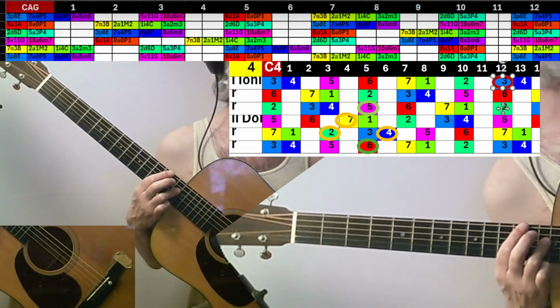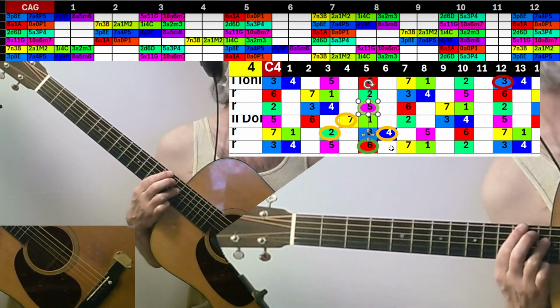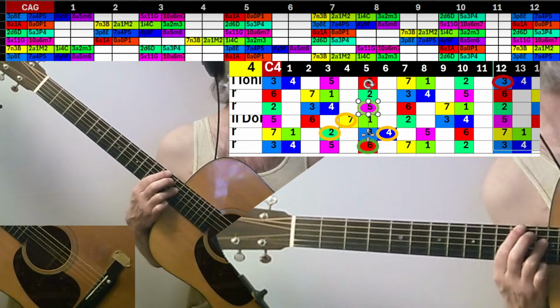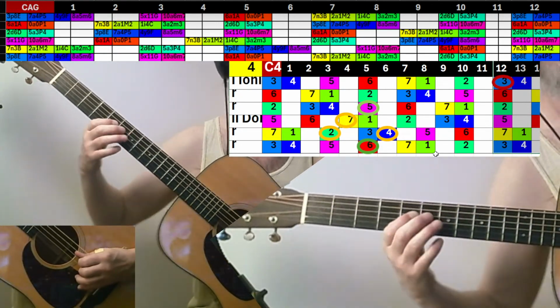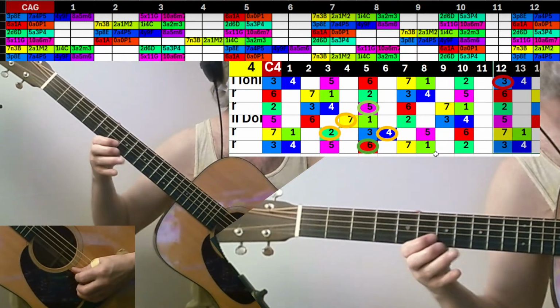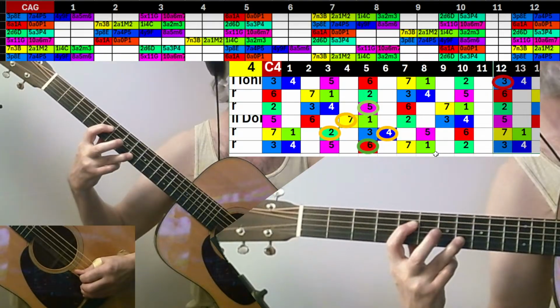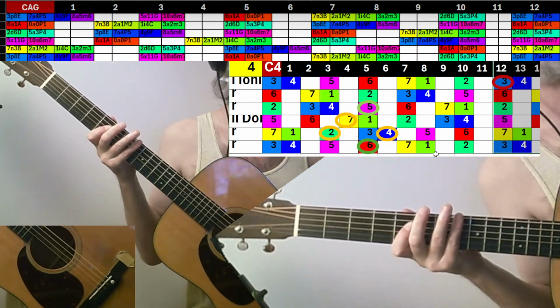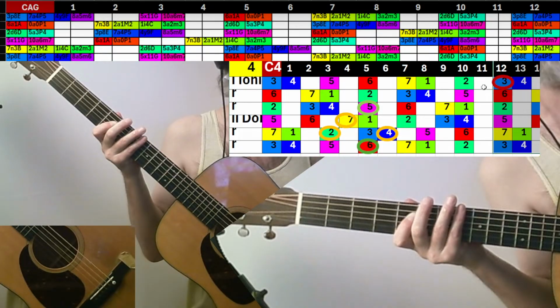So if I imagined that this node was the top of shape number 4, then I can play this and just account for the kink in the tuning. 3, 4, 5, 6, 7, 1, kink in the tuning, 2, 3, shifting up for the kink in the tuning. So that means I can visualize this as though it was the top string of shape number 4.